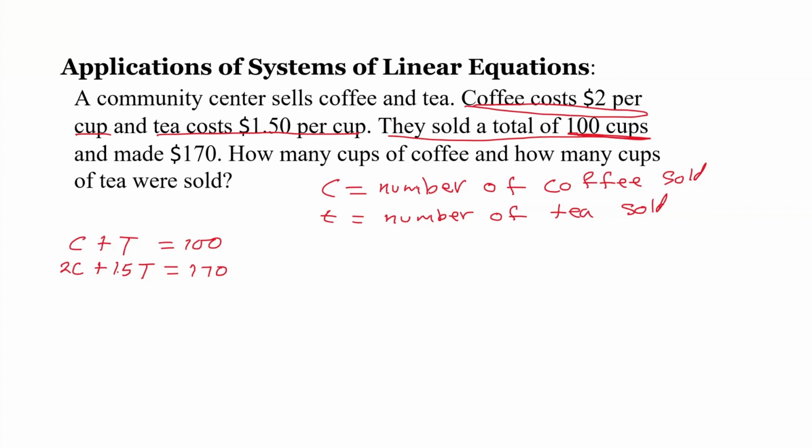Okay, so now we have to eliminate one of these variables. Let's try to eliminate the C, right? Because if we multiply C by -2, then the C gets eliminated. So we're going to multiply the first equation by -2.